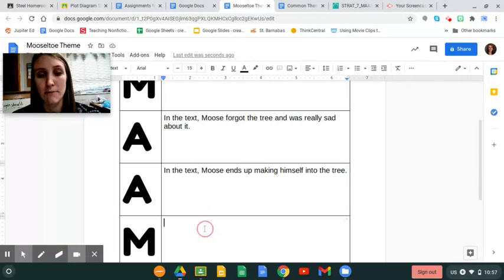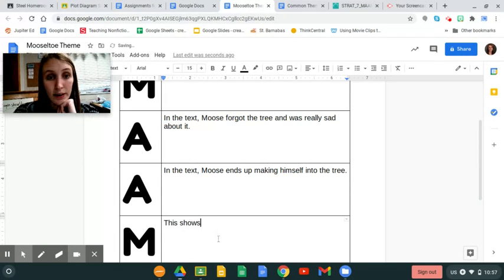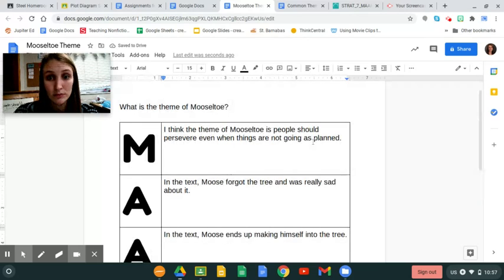I'm going to say, this shows, and look, if you want to be really, really lazy, you can just go up here and I'll highlight this part. I don't want to say the I think part because that's not going to make sense, but I'm going to copy and paste it.